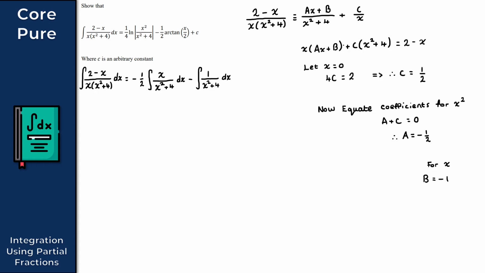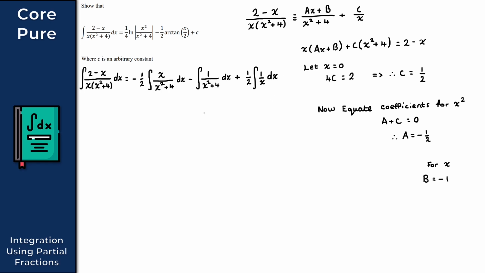And then finally for the c over x here, given that c is equal to 1 over 2, I can just apply linearity. So we get plus 1 over 2 times the integral of 1 over x, integrating with respect to x.